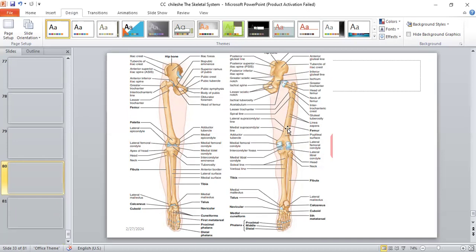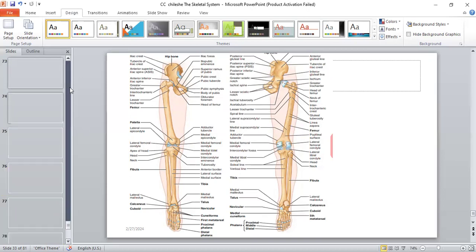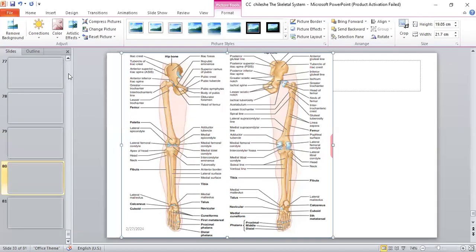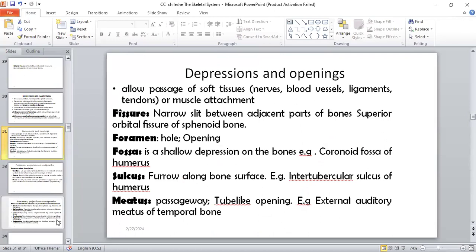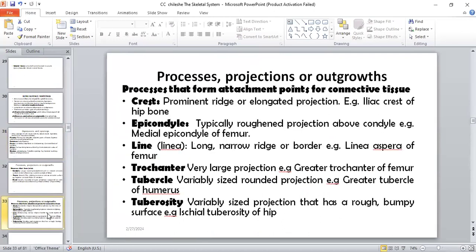So a line on a bone, our example is the femur, and on its posterior aspect you are going to find the linea aspera.